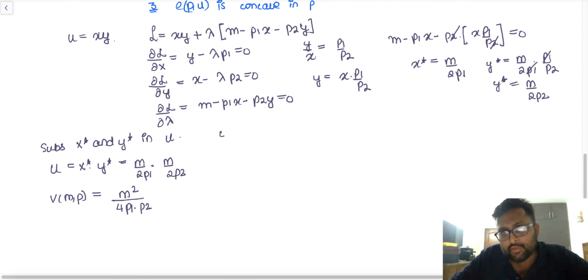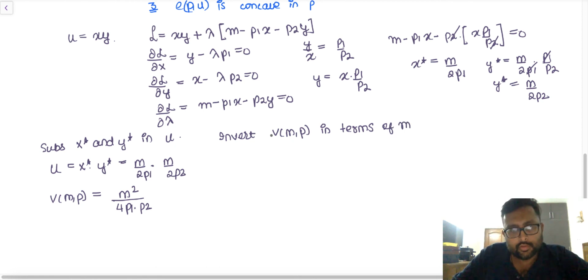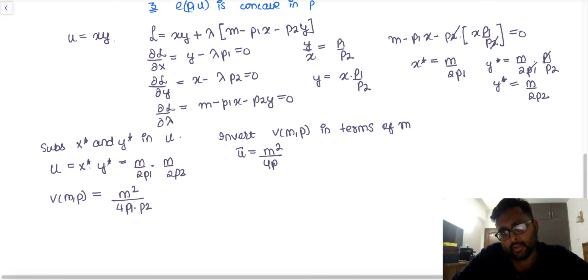Now what you can do is invert the indirect utility in terms of M. You can write this indirect utility as, let's say, U bar equals M square upon 4 p1 p2. So you write everything in terms of M square.